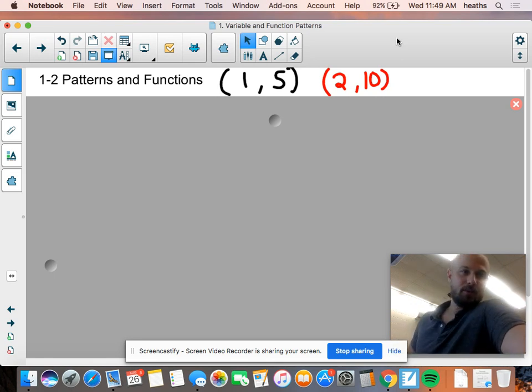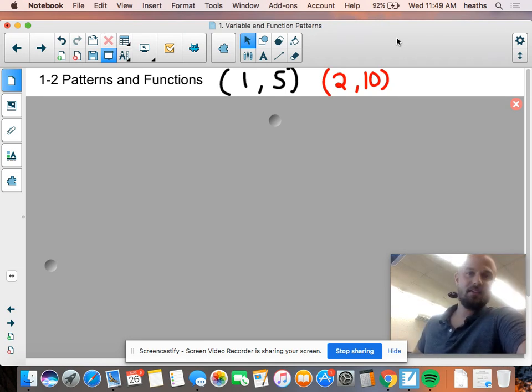Whenever I'm talking about an X value or X, I'm talking about the first number that comes in that pair. For example, let's look at the number set in black. The 1 would be the X value or the input. Those are two different terms that we're going to talk about in this set of notes.